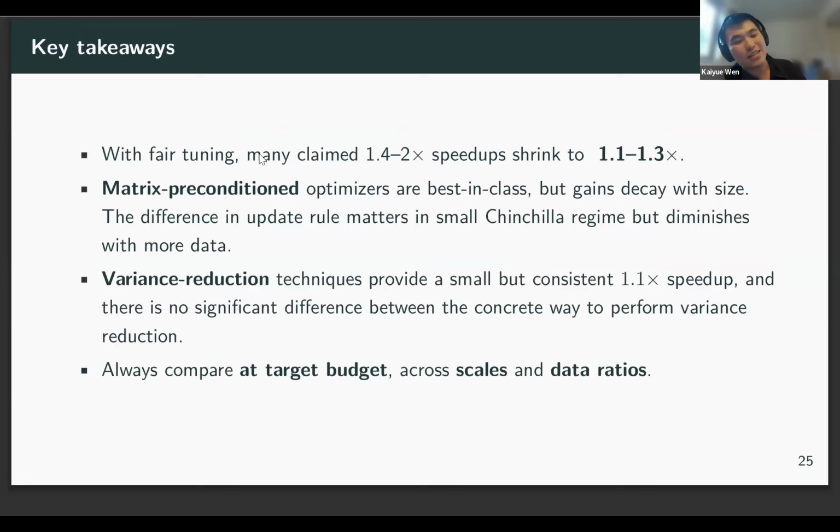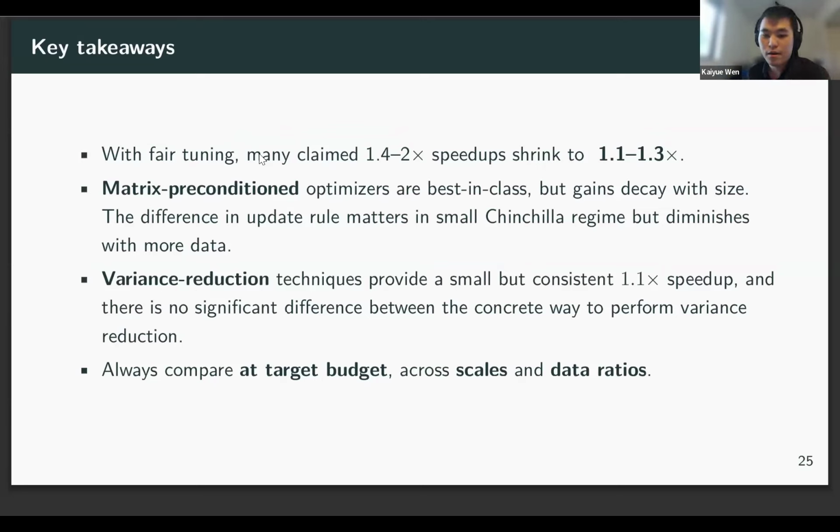Yeah, I tend not to reach that conclusion so abruptly because it's extrapolation. Extrapolating to 1.2B is something we want to be very careful about. So I think there could still be a consistent speedup, like with variance reduction techniques, where we observe a roughly constant 1.1x speedup over the whole model region.